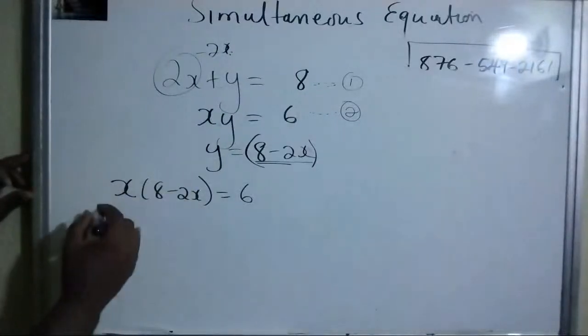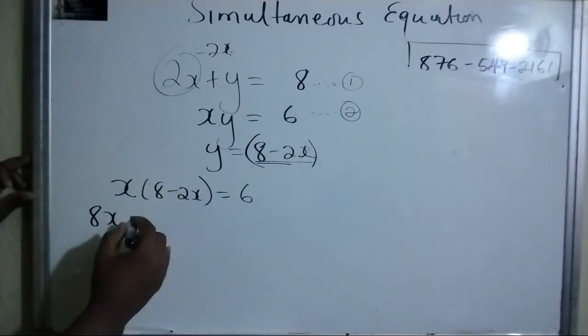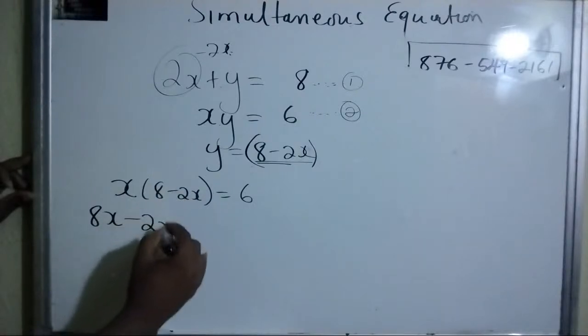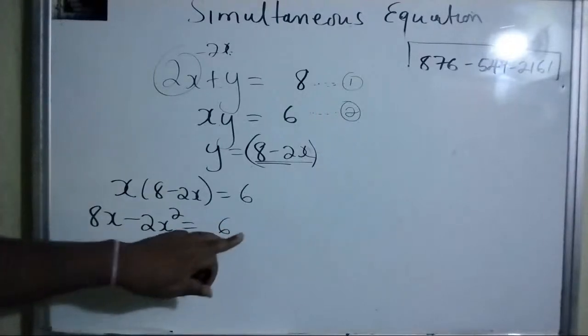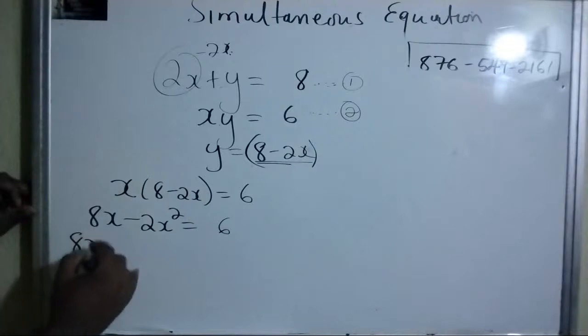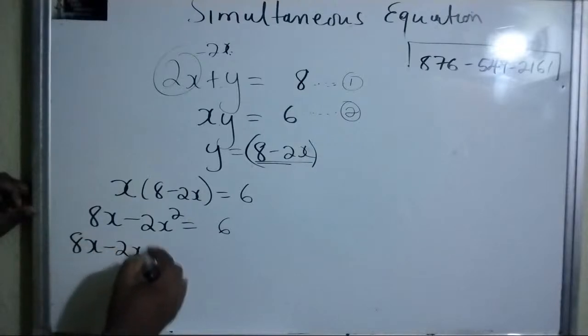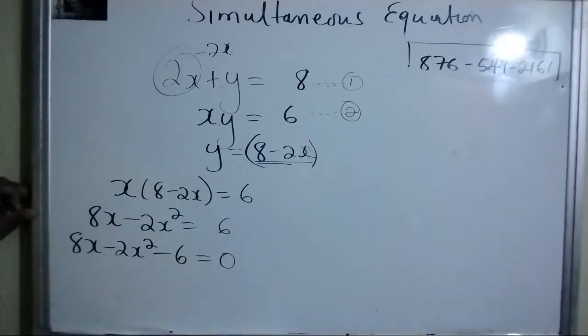X times 8 is 8x. X times negative 2x is negative 2x squared. And we have 6, which we subtract from this side. So that gives us 8x minus 2x squared minus 6 equals 0.